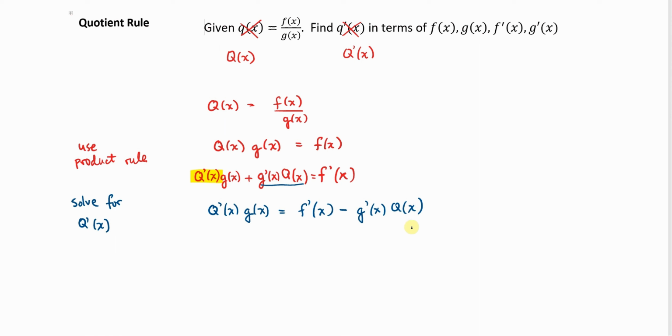Now, remember that we want our answer in terms of f, g, f prime, g prime. So we don't want to leave this thing as q. So we can just change it back and maybe tweak and simplify the right side a little bit. So this is g prime. And this q of x here, well, what was it? Q of x was just f over g.